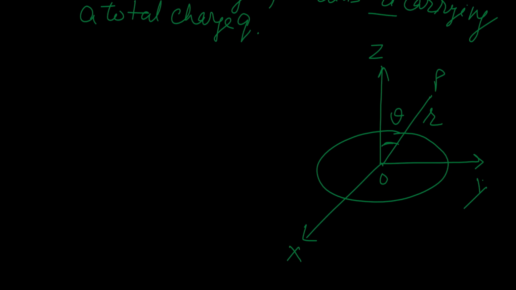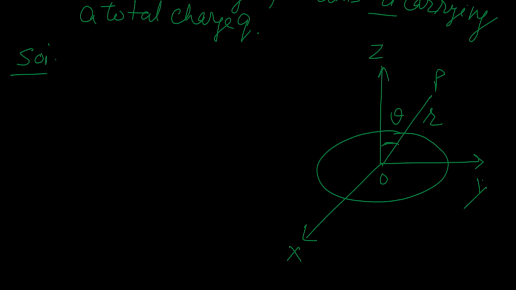Here we also see the problem has azimuthal symmetry. Why do you say that the problem has azimuthal symmetry? Because of symmetry about the z axis of potential phi at any point.